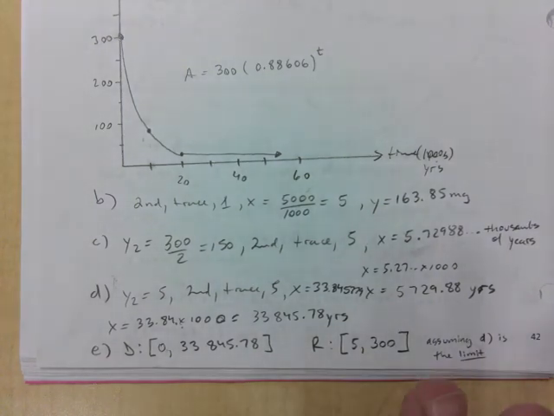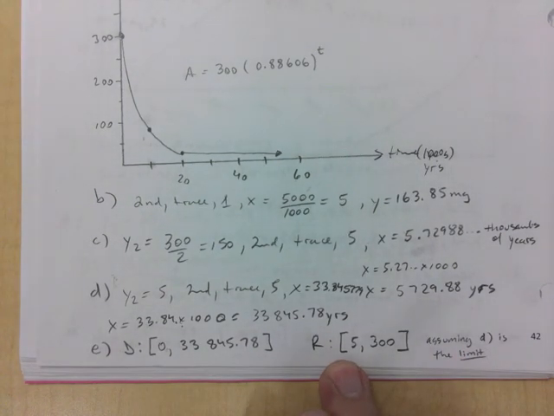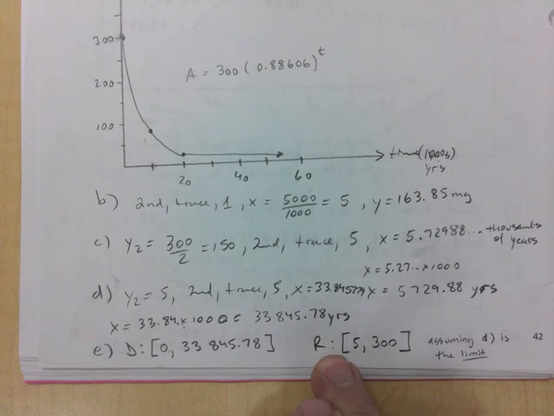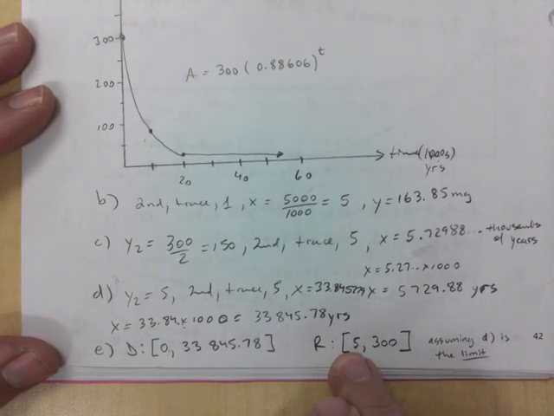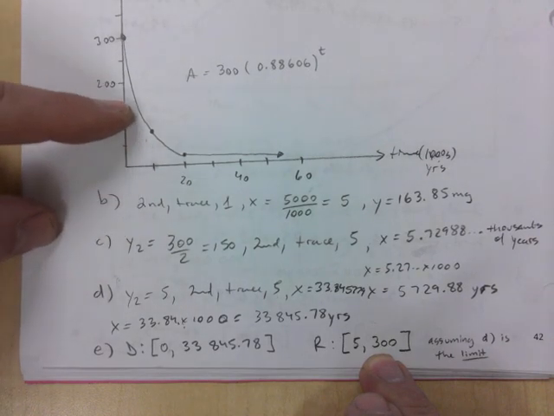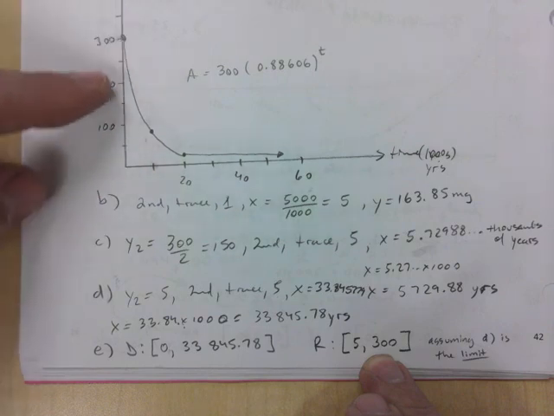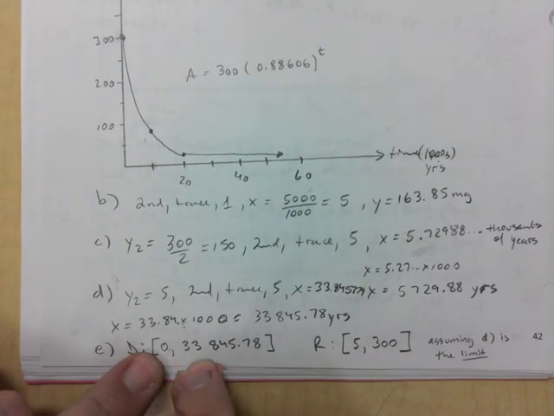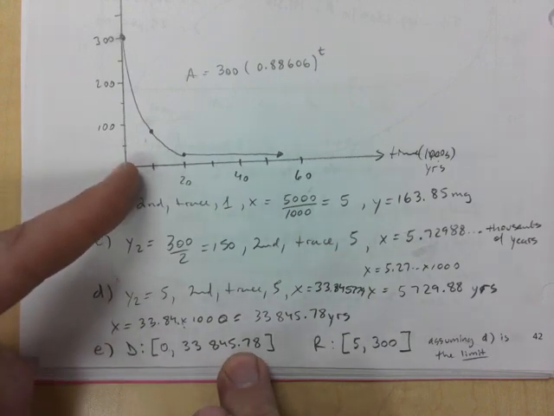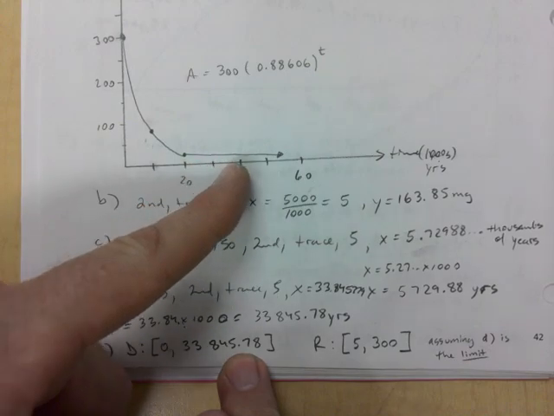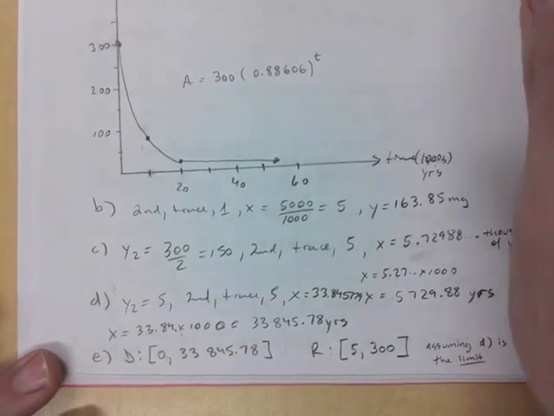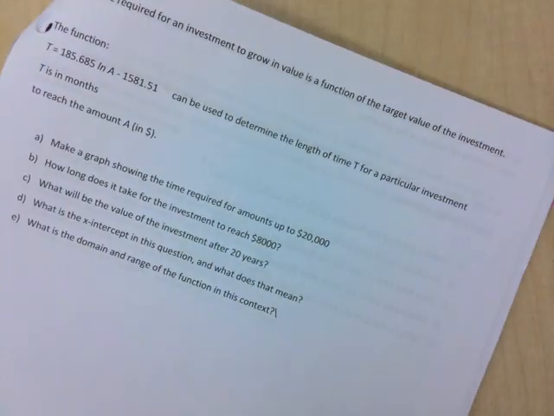If there is no indication whatsoever, then for the range we would go 0, not including, so a round bracket, all the way to 300, including the bracket, right? So you never quite touch 0, but you go from 0 to 300. If you wanted a domain and there was no limit whatsoever, you'd go 0, including, all the way to infinity, actually, right? So look at the context.